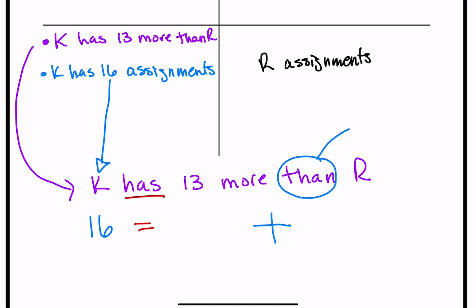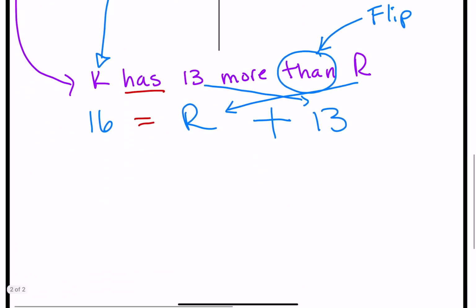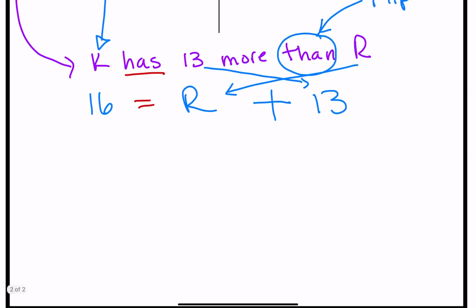However, I want you to circle the word than and write the word flip. What that means is I take this 13 and this R and flip their locations when I write this. The reason is, mostly we need to remember that for than, because when we talk about less than, that's when it becomes important.